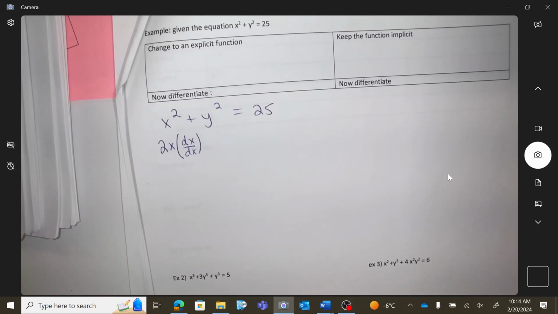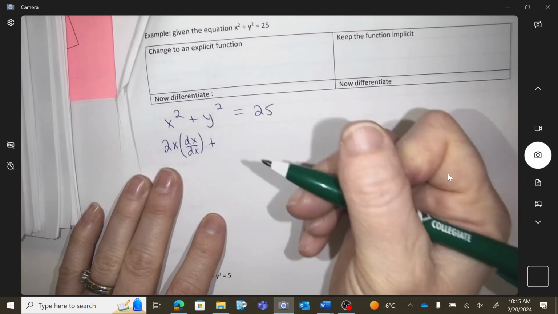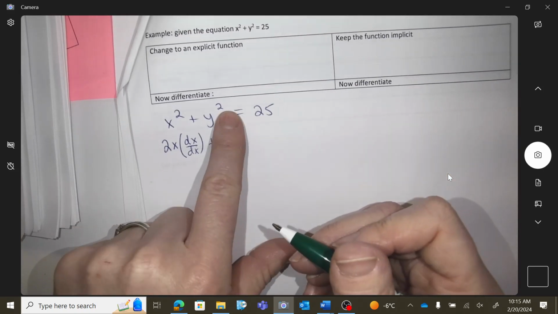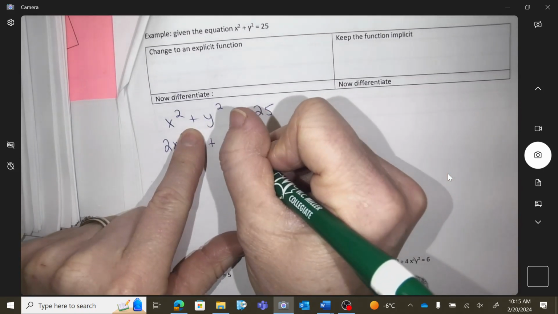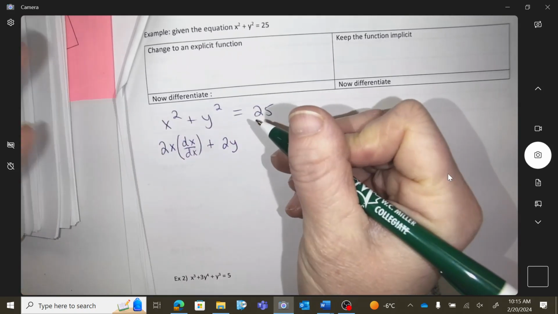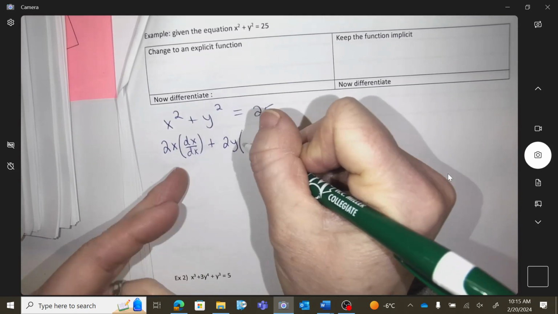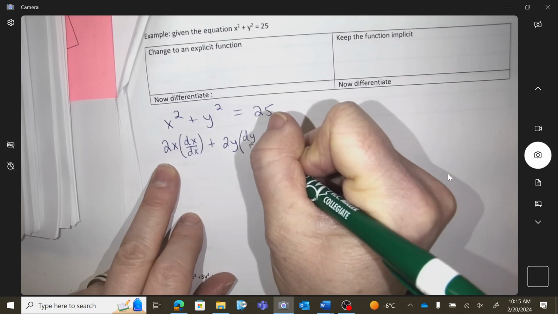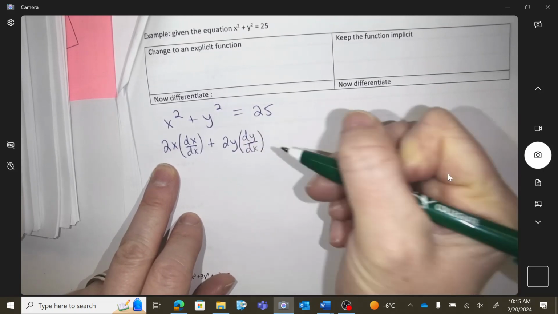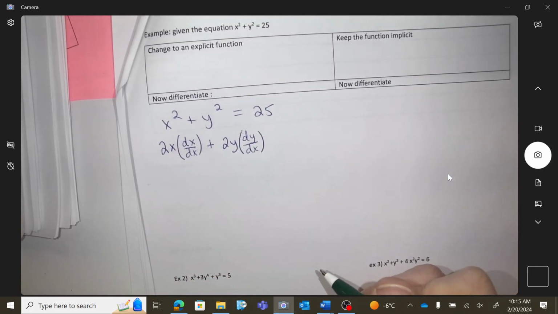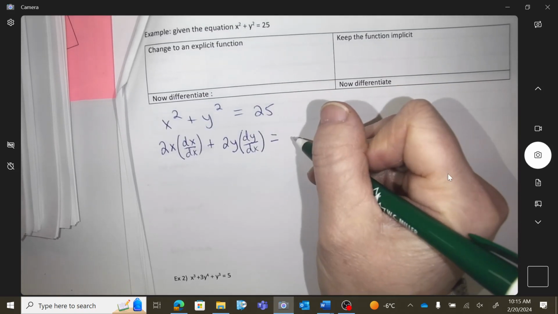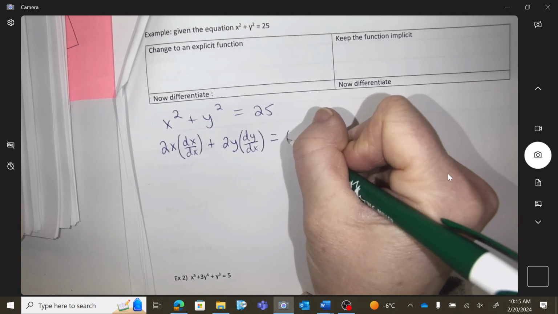Okay, but you can see that I don't need to even attach that, right? We've talked about that. Plus, how do you derive y squared? So this would be 2y, 1 lower. And what did I do? I derived that letter with respect to x. And then what's the derivative of 25? 0.